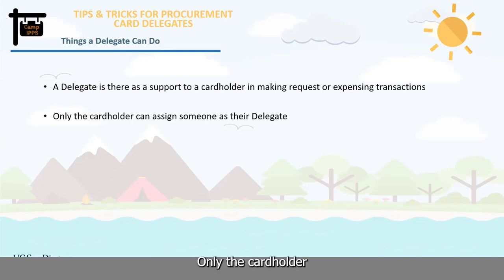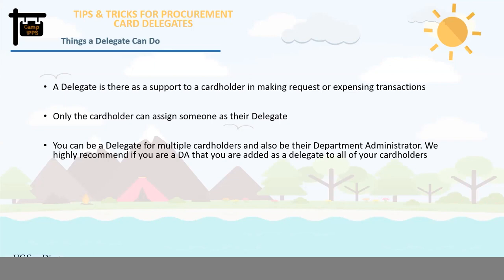Only the cardholder can assign someone as their delegate. You can be a delegate for multiple cardholders and also be their department administrator. We highly recommend that if you're the DA, that you're added as a delegate to all of your cardholders.